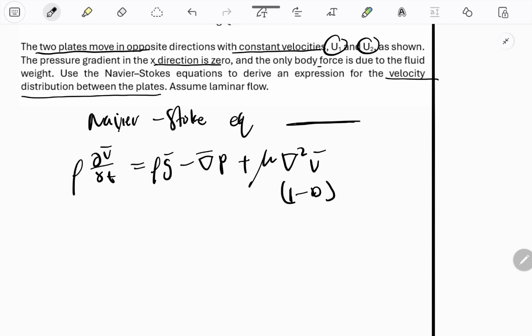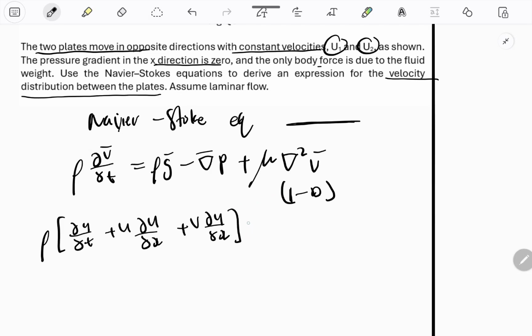On the u term, I'm going to have du dt plus u du dx plus v du dy plus w du dz, and then we will have g in the z direction.